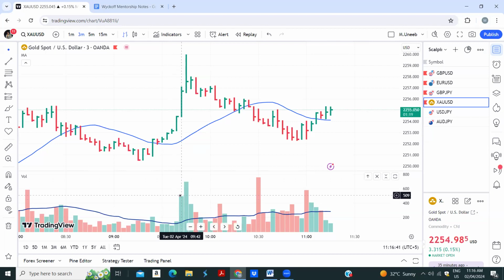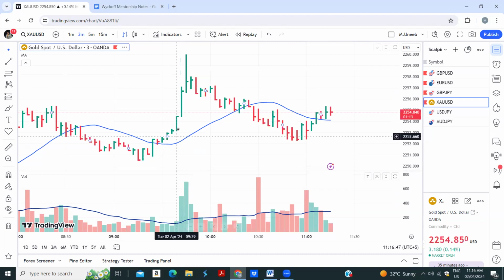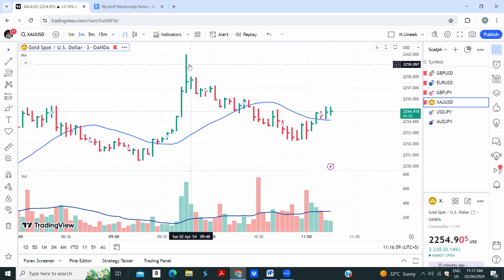We have a larger volume, we have a larger result. Larger effort, larger result. Larger volume, larger price movement. We have more large volume or more large effort, we have a larger result. Got it? So this is the supply and demand dynamics.